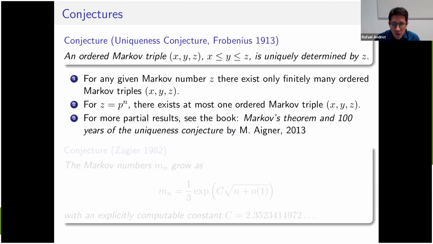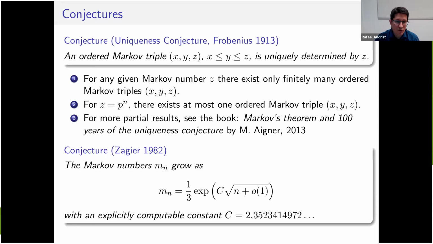And there is a whole book about this, Markov's Theorem and 100 Years of the Uniqueness Conjecture, which contains a lot of interesting results if you are interested in these Diophantine equations. And I mentioned the growth of Markov numbers. So there is another conjecture from Don Zagier, and he came up with this growth estimate.